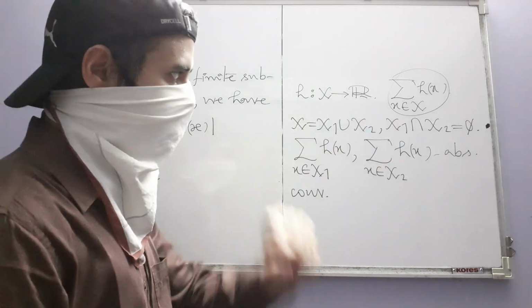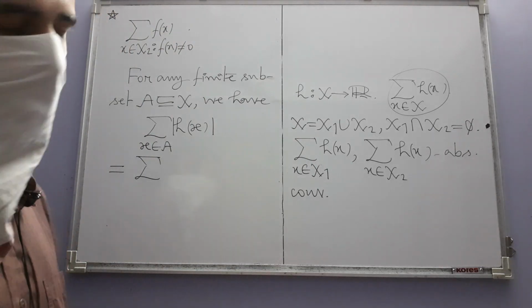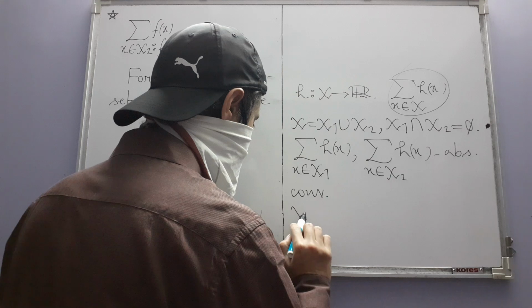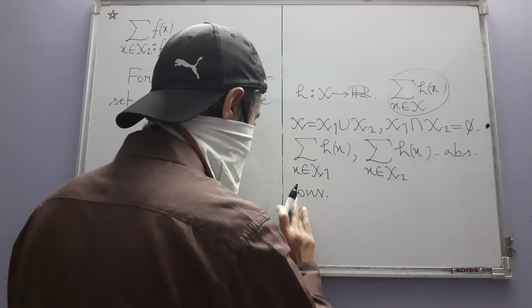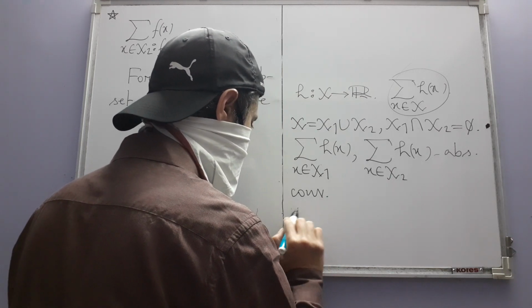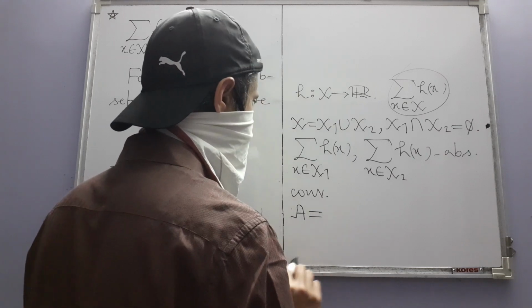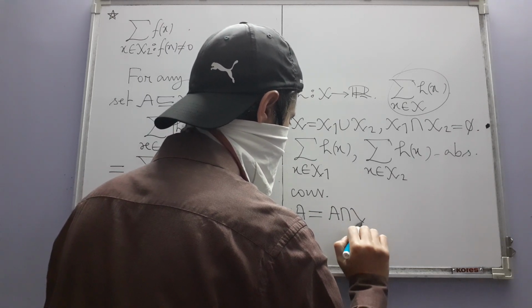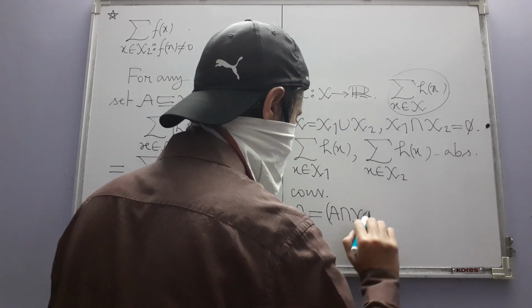From these relations, what can you say? You can say two things. One is that A is the union of these two sets.